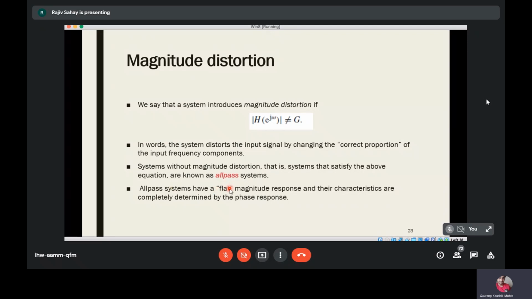So all pass systems have a flat magnitude response and their characteristics are completely determined by the phase response. So all pass systems, it is given that the magnitude distortion doesn't happen because they pass all the frequencies in the same proportion and their magnitude response is a constant. So the only distortion that they can cause is through phase distortion. Okay, so we should study the phase response for all pass systems.